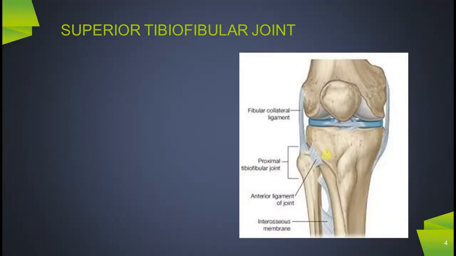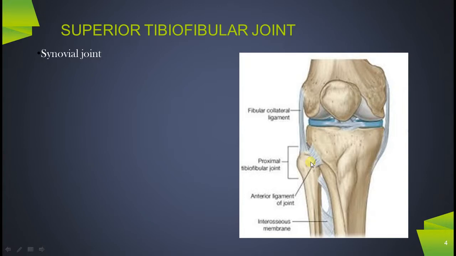Coming to the superior tibiofibular joint, it is formed between the lateral surface of the upper end of the tibia, somewhat posterolaterally below the lateral condyle of the tibia, and the medial surface of the upper end of the fibula.